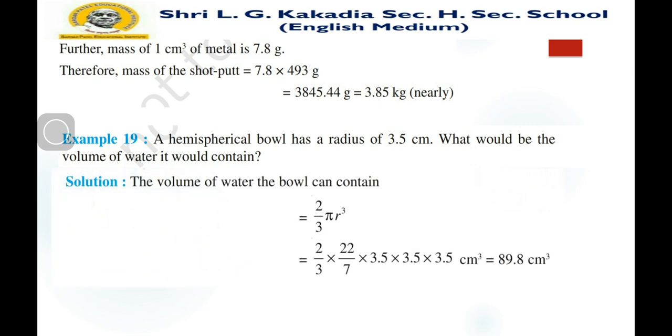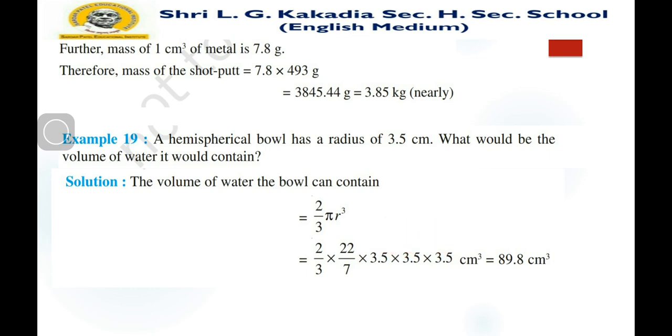Solution: the volume of water the bowl can contain. The given bowl is hemispherical, so we find the volume of the hemisphere. The formula, as we know, is 2 by 3 pi r cube. Now let me put the value: 2 by 3, 22 by 7, 3.5, 3.5, 3.5.